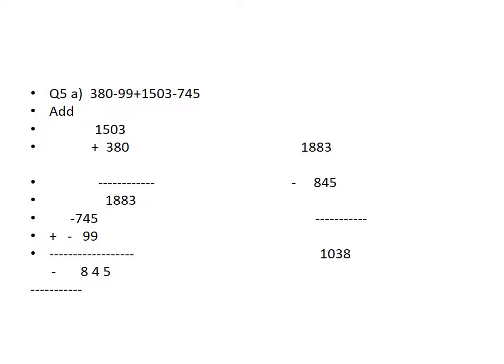Answer is 845. Now subtract both. Answer is 1038. Or you can follow the second method. First add 1503 and 380. Answer will come 1883. Subtract 745 from it. Whatever the answer comes, subtract 99 from it.